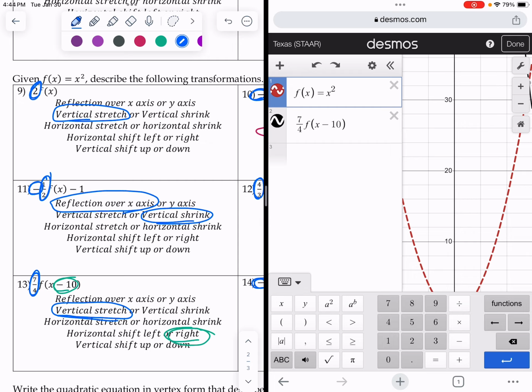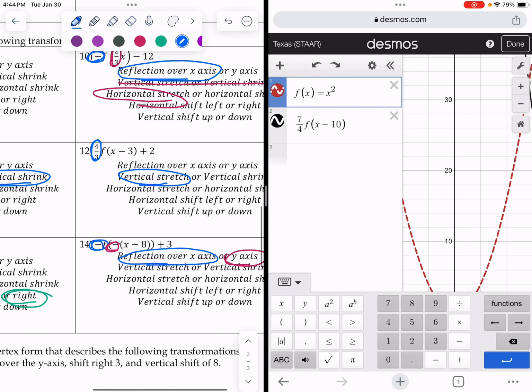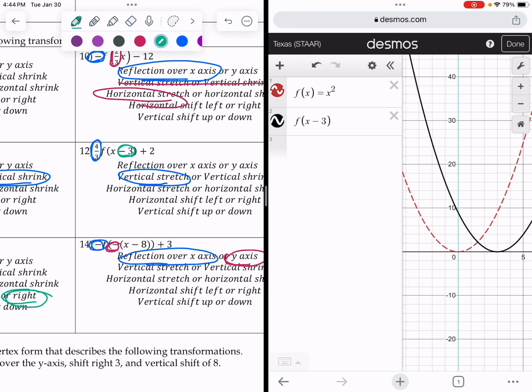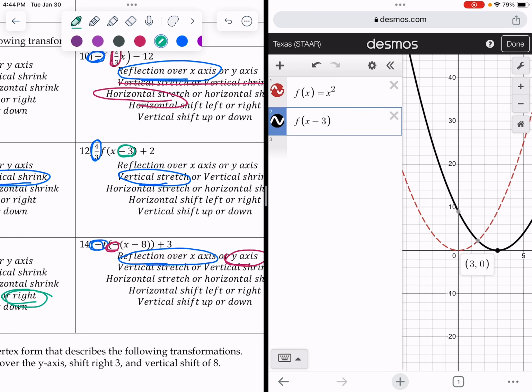Okay, and so let's see. Here we've got a -3, so that's going to move us right 3. When in doubt, you can type that in. -3 moves me right 3.